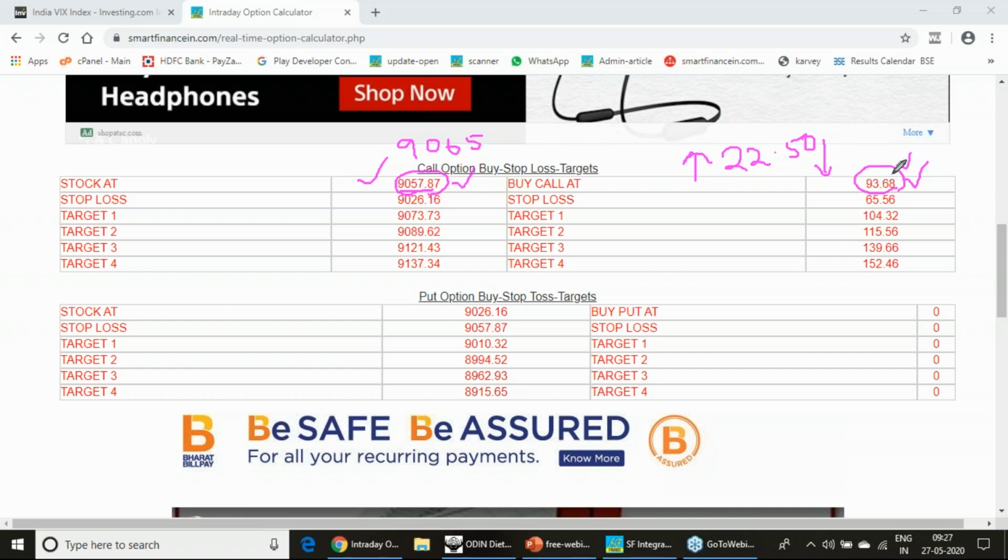If the premium comes first, we will enter. If the price comes first, whatever the premium, we should enter. But we must keep a stop loss at 66 rupees. Our first target is 104, then 150, 140, 139, 152.